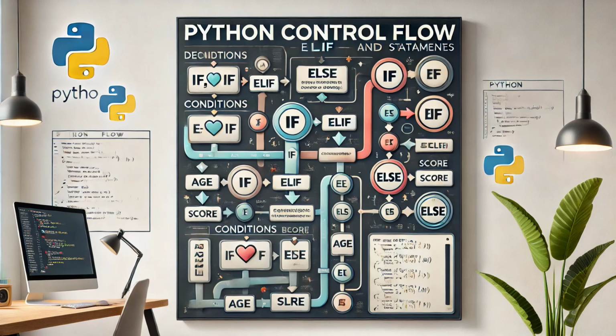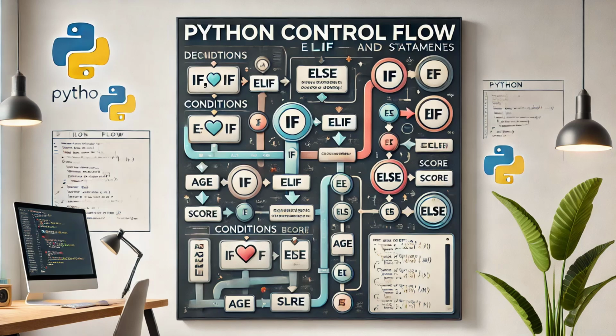In this video, we will explore how to use if, elif, and else statements to implement decision making in Python. These statements let your programs adapt to different inputs and scenarios, making them much more versatile and useful.